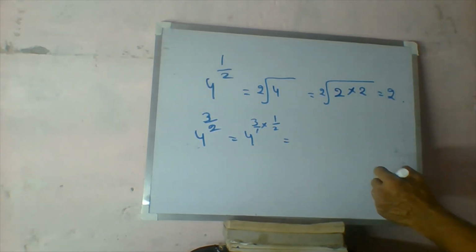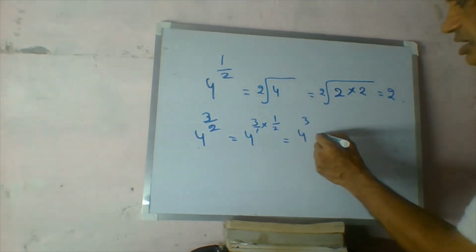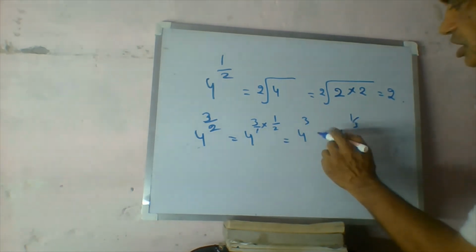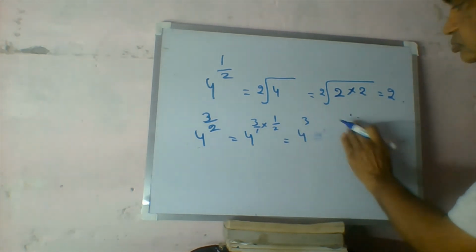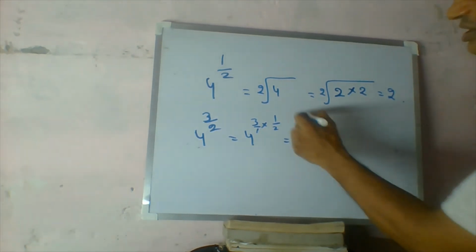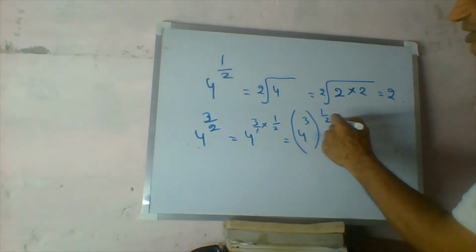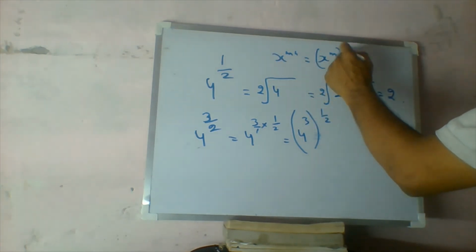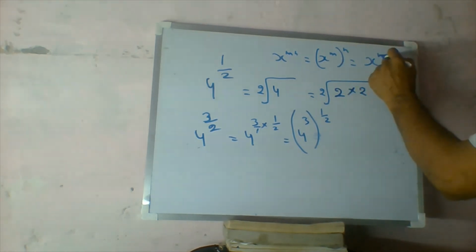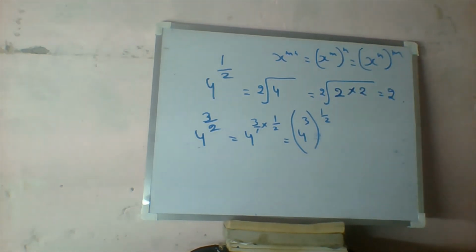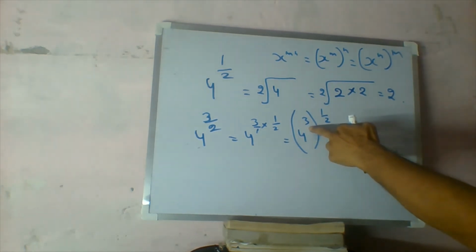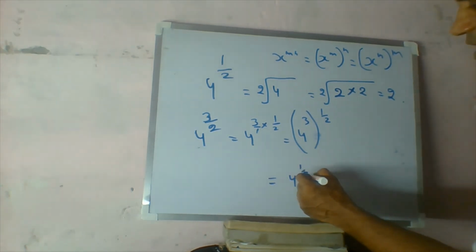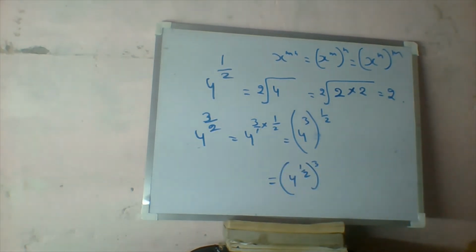This can be written as 4 raised to power 3 into 4 raised to power 1 by 2, or it can also be 4 raised to power 1 by 2 raised to power 3.